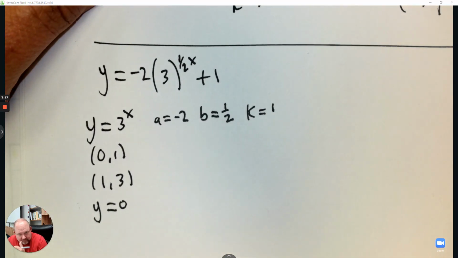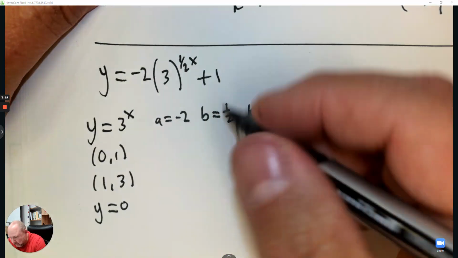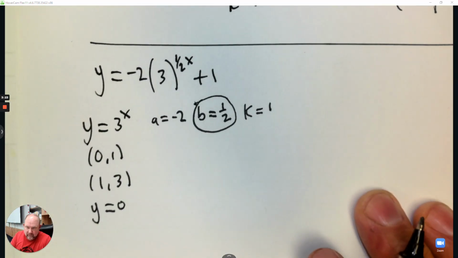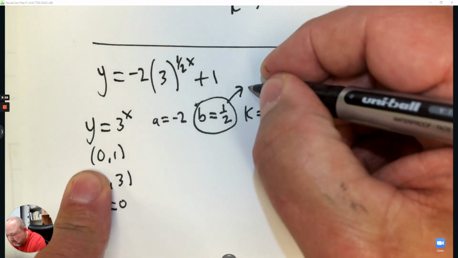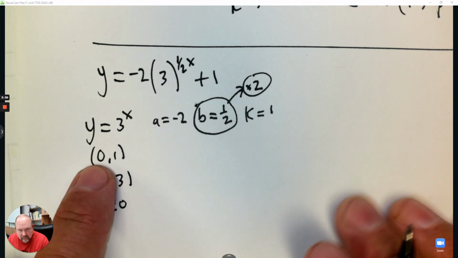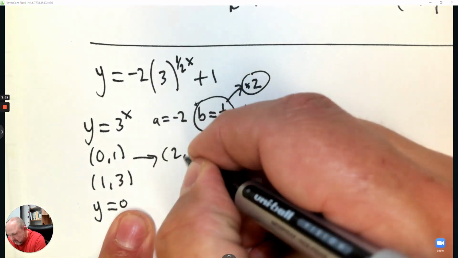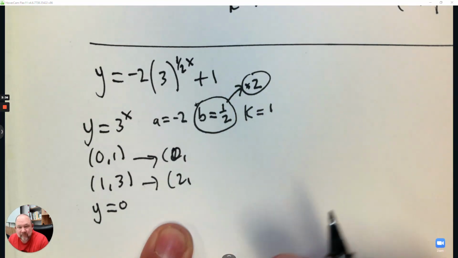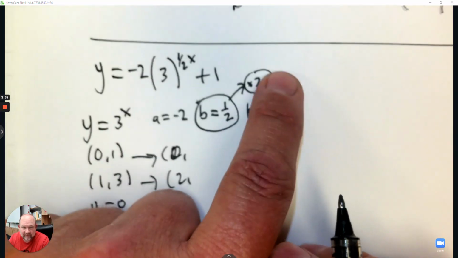So to the x coordinate, we're going to do the reciprocal to that. So in other words, we're actually going to multiply times 2 to every x coordinate. So 0 times 2 is 0, and 1 times 2 is 2. So we're going to take the x and multiply it times 2.